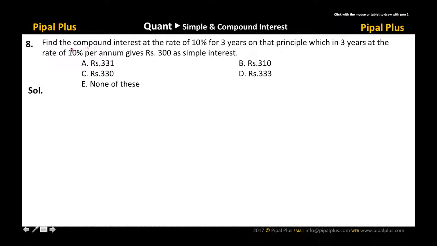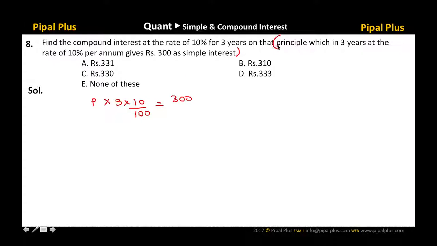Now we have to find the compound interest which is due on a principal, which we must compute using this part. We are not given the principal directly. We need to compute the principal based on this. So what is the principal which, invested for 3 years at 10%, gives us 300?